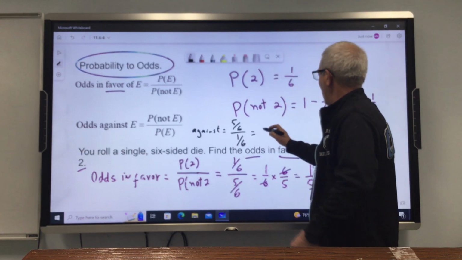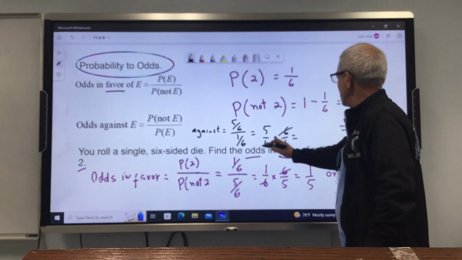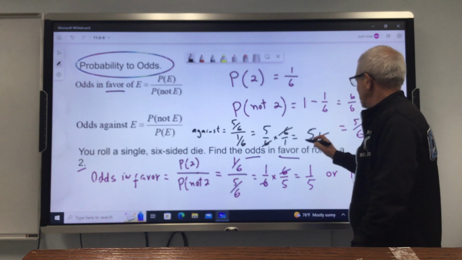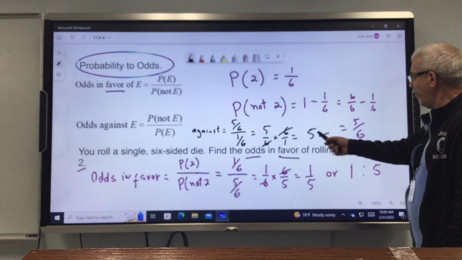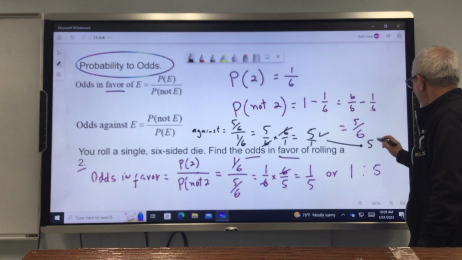Then that will be 5/6 multiplied by 6/1. Then you cancel 6 and 6, and the answer will be 5. Then against, in that case, will be 5 to 1, because the denominator here is 1.